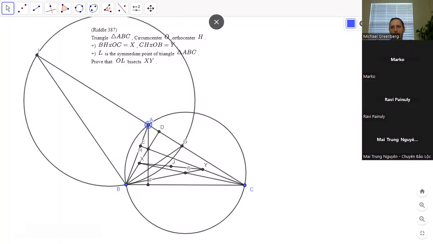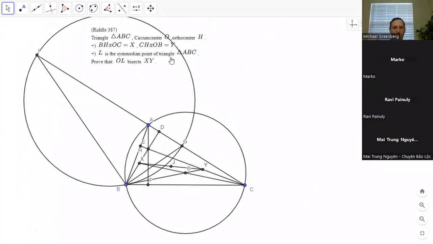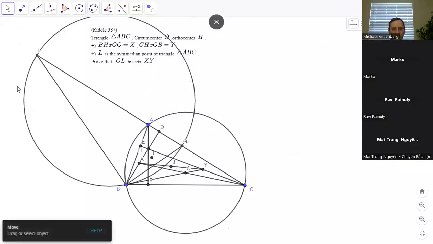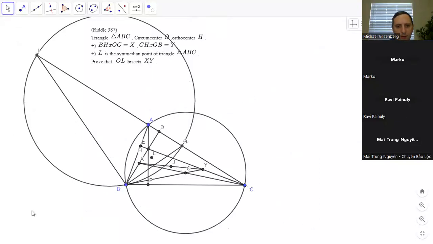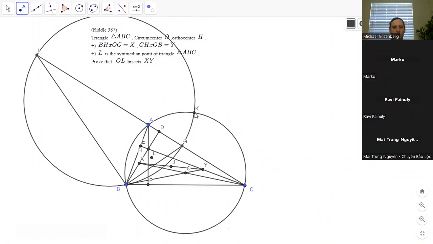I wonder if that's something similar. The power of that with respect to that circle. Okay. And BK is the B median.